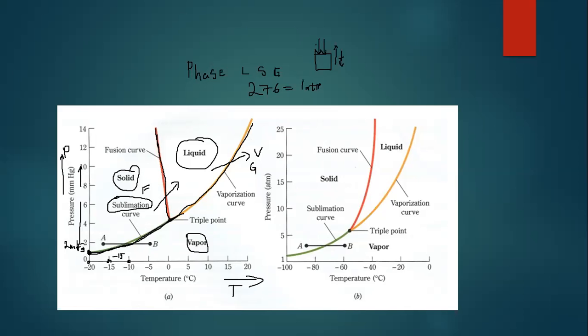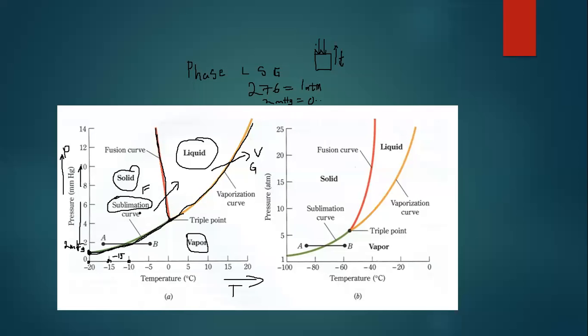So if instead of that we just have 2 millimeters of mercury, then the atmospheric pressure will be something like 0.00-something. It will be very, very small.